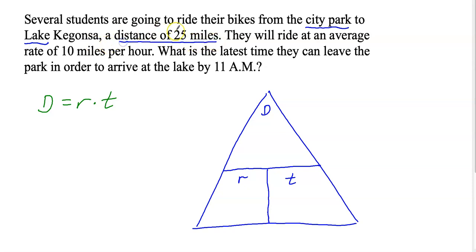So let's put 25 in for the D, for distance, right here. It says they will ride at an average rate of 10 miles per hour. That's right here. Rate, 10 miles per hour. So for the R here, I'll put in the 10 right here.